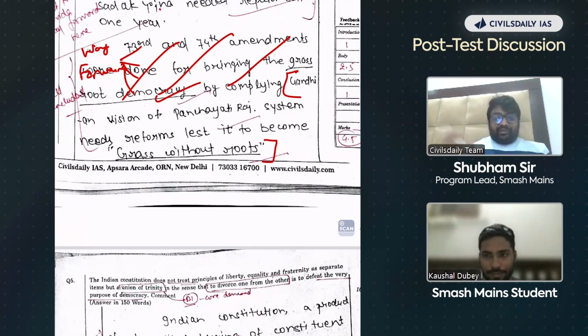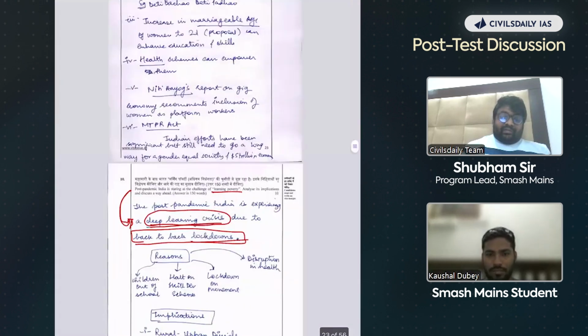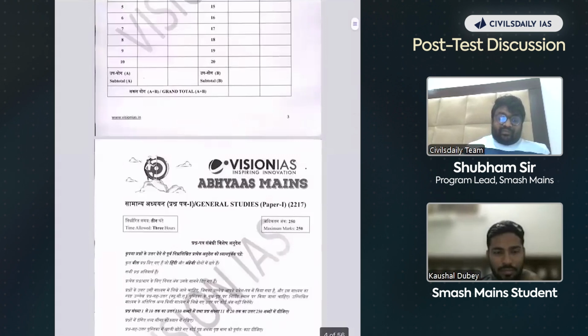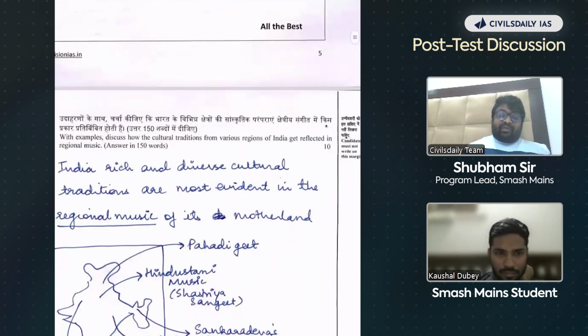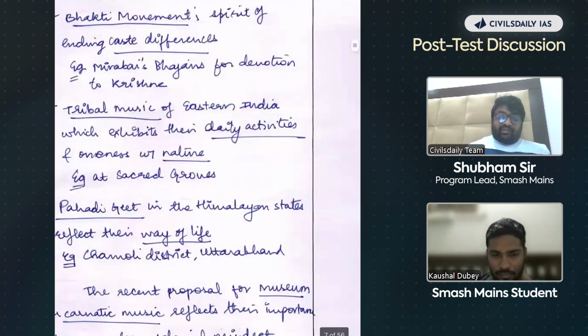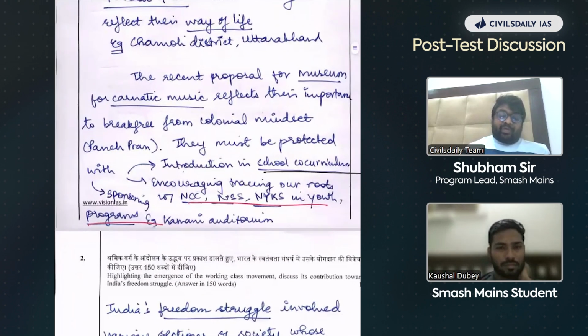Okay. Or to use the topper's way, what you can write: to prevent PRIs becoming grass without roots. Okay, and you write the way forward in this way. This is Dikshita Kishore. The very first answer, and this is even the art and culture one. With example, discuss how cultural traditions from various regions of India get reflected in regional music. What she has done: the recent proposal for a museum for Carnatic music reflects their importance to break free from colonial mindsets.